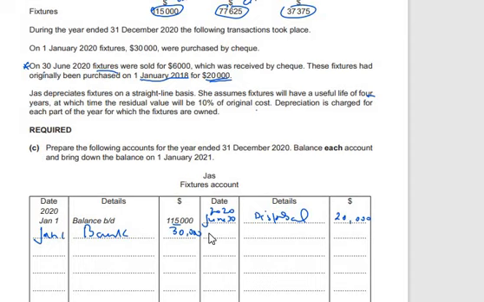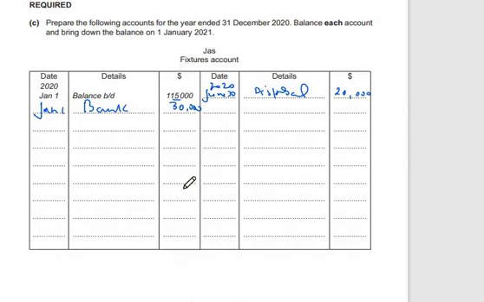This asset was purchased on 1st January 2018 and it was sold on 30th June 2020. So that means the whole year of 2018, 2019, and 2020 only for 6 months.